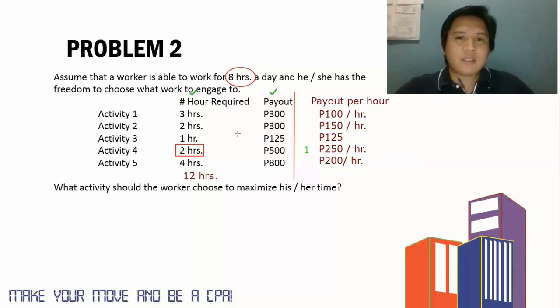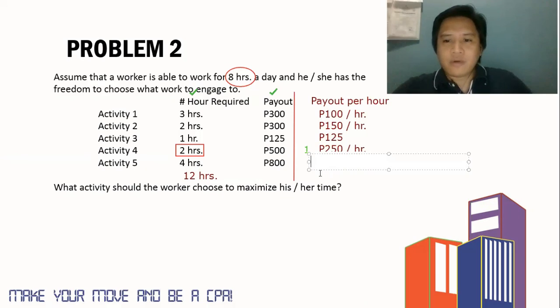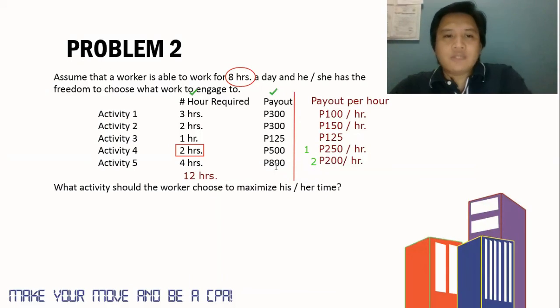So let's rank the second. Second, 200 per hour. That is for 4 hours. So therefore, we already have 6 hours. Now next, 6 hours exhausted. The next from the 3, activity 100, 150, and 125.